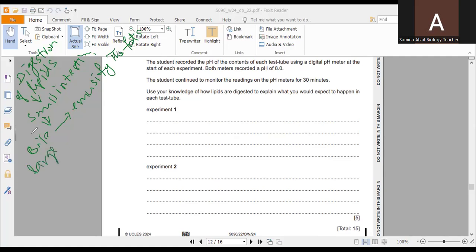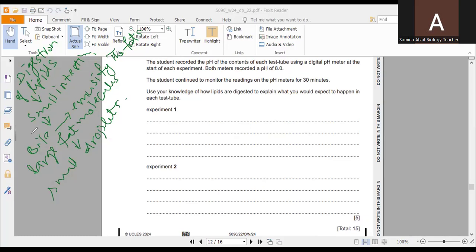The large fat molecules are broken down into small droplets. So this is emulsification.